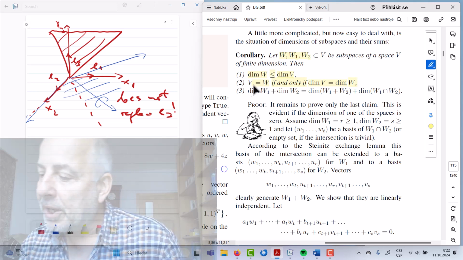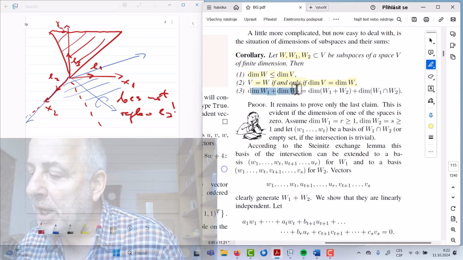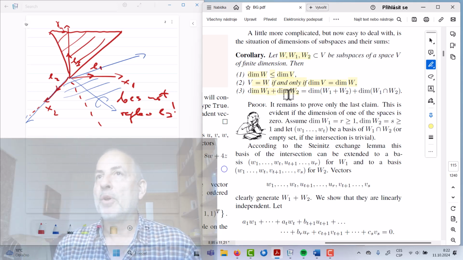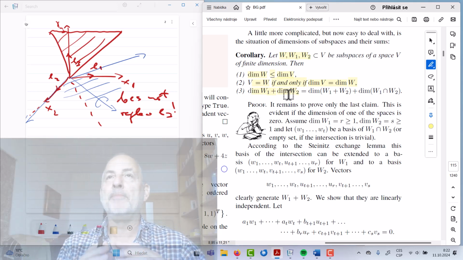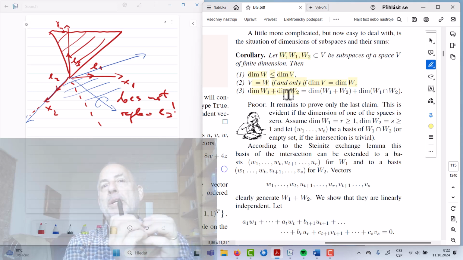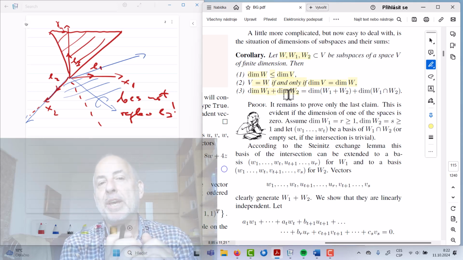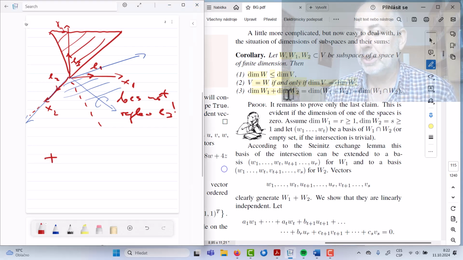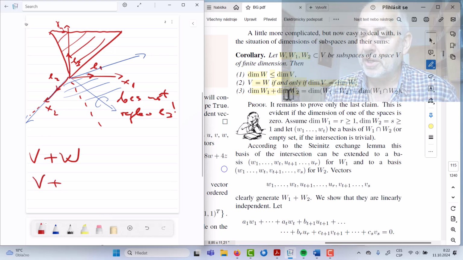And another nice thing is that you can count the dimensions for those W1 and W2 where you don't have the property of the summing independent vector spaces. I didn't tell before, we are using plus for general vector space addition, and we are using a different plus for what we call a direct sum.